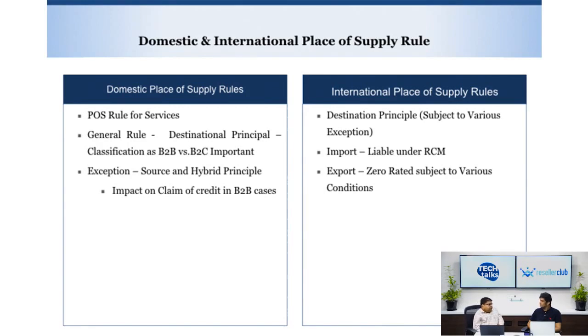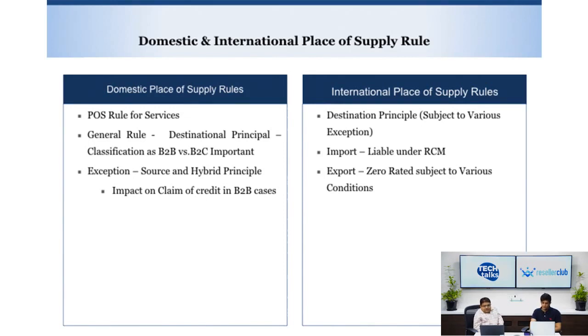So if you are situated in Mumbai and supplying to someone in Delhi, which would be within India, then where you are supplying is what will be considered as the GST trigger point. So if you are supplying within Maharashtra, it will be CGST plus SGST, and if you are supplying out of Maharashtra, it will be IGST only.